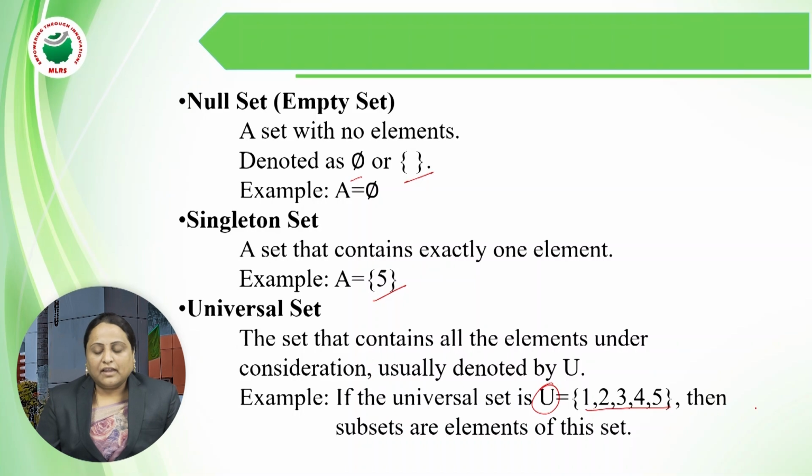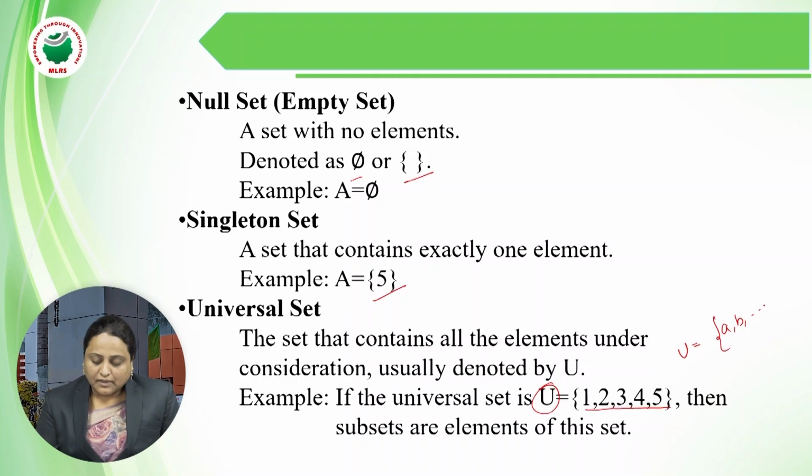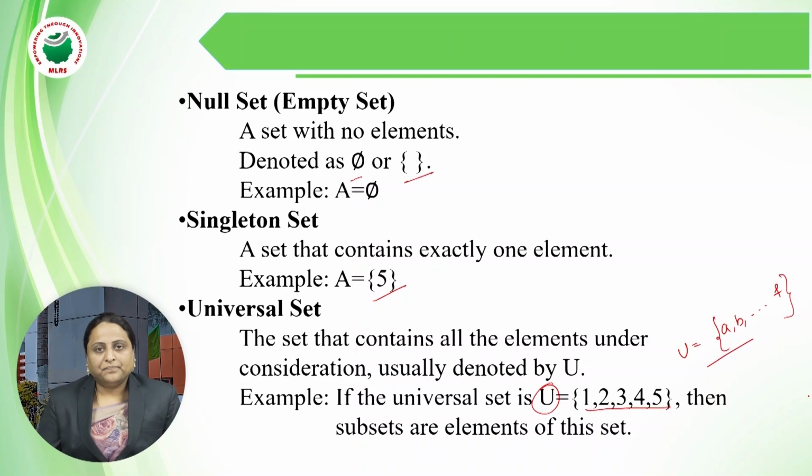Again, if I want to consider U equals {A, B, C, D, and so on up to F}, this is also a universal set. The universal set represents the total elements you want to consider at that point of time. It is generally represented with a capital U.